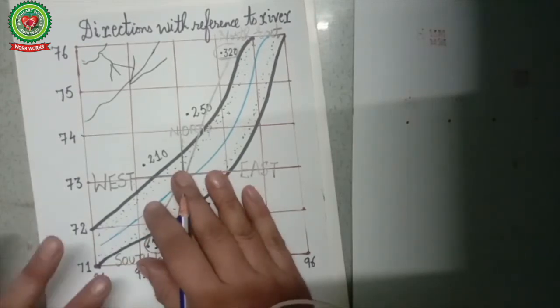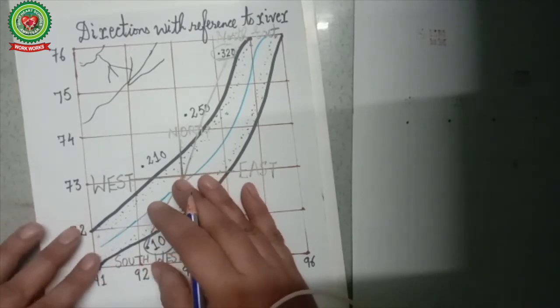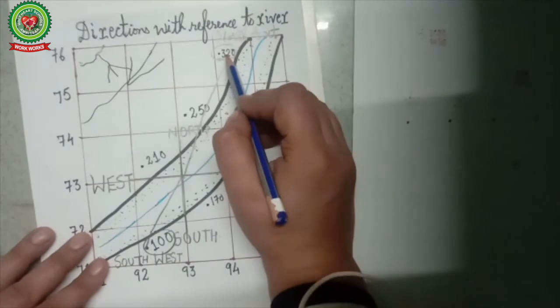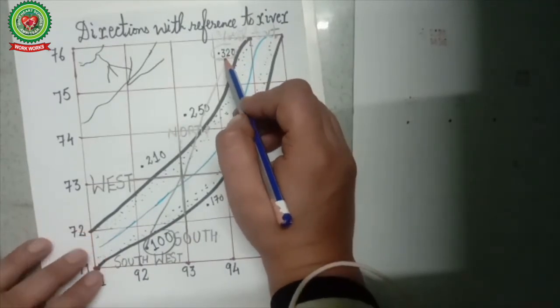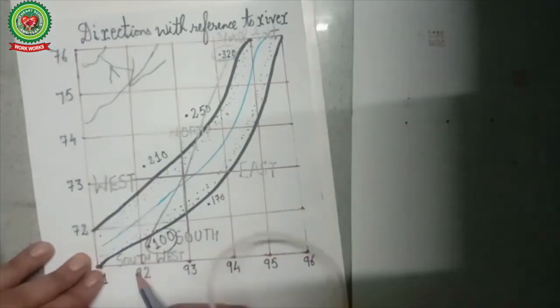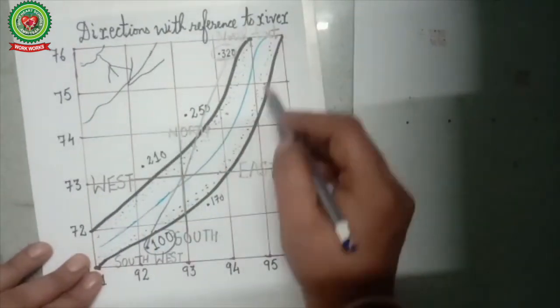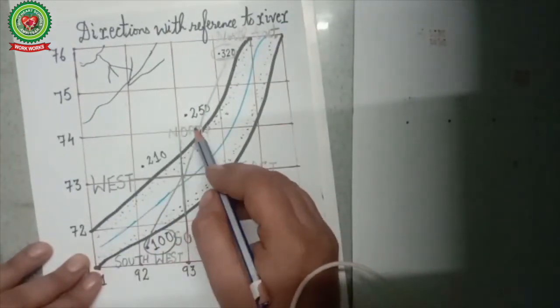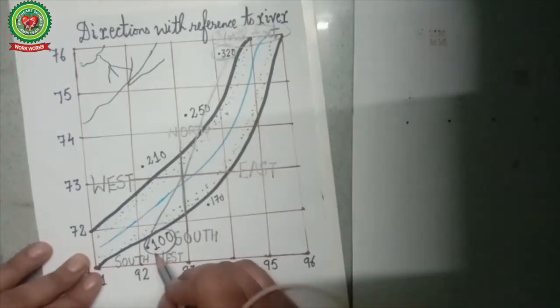Now this shows that the spot heights are receding, that is getting less, from northeast to southwest. Hence this given river is flowing from northeast to southwest.